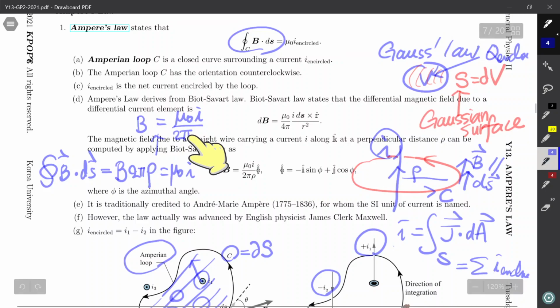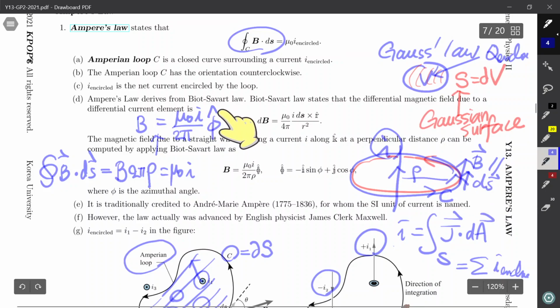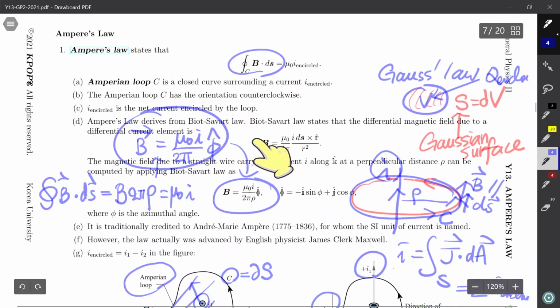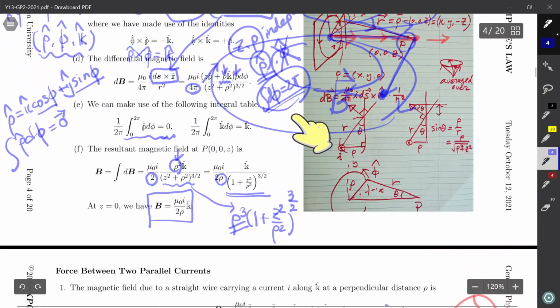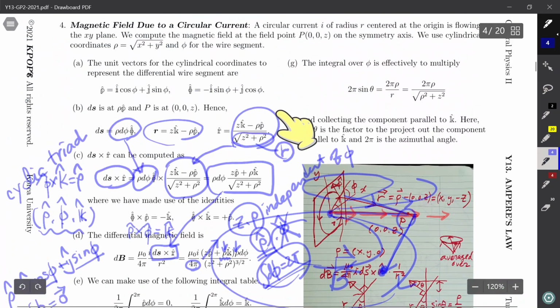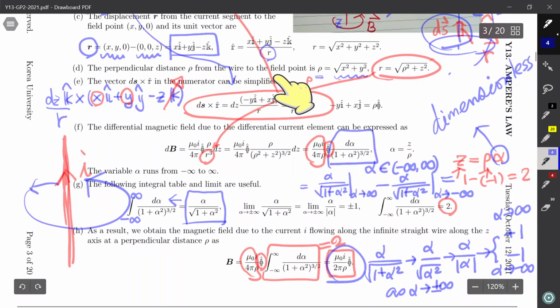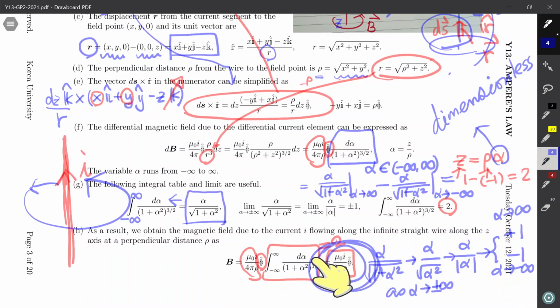And we know by symmetry the magnetic field must be along the tangential direction, and that is what we have obtained previously by making use of the Biot-Savart law. The magnetic field generated by a current along a straight line.